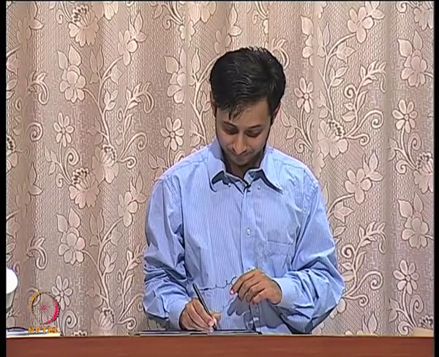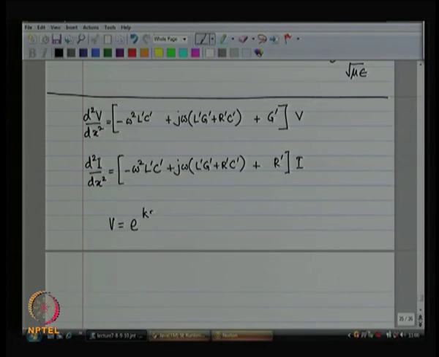Dou squared V by dou x squared is something times V. So, what should V look like? V should look like an exponential, right. I do not know what this k is, and you plug it back in, V equal to e power kx.